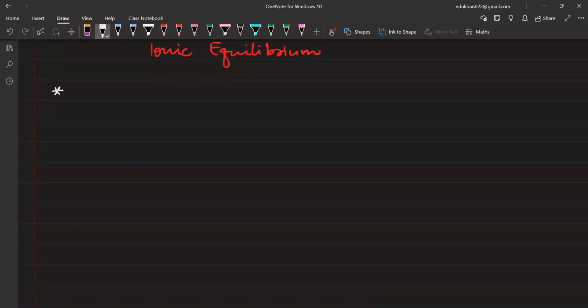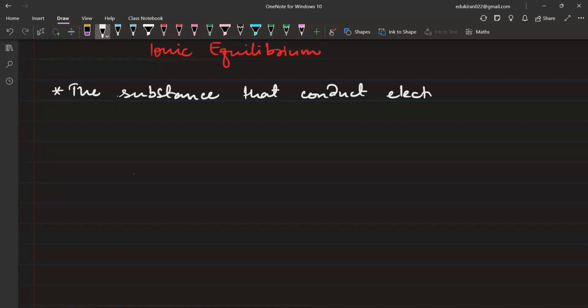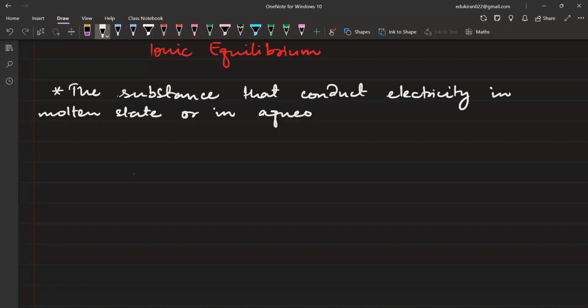In ionic equilibrium, first of all we will understand ions. Okay? Please write: the substance that conducts electricity in molten state or in aqueous state is called an electrolyte. And electrolytes are present in the form of ions.